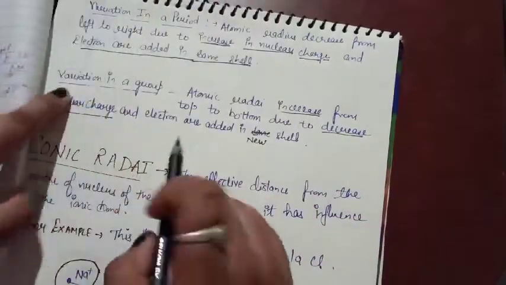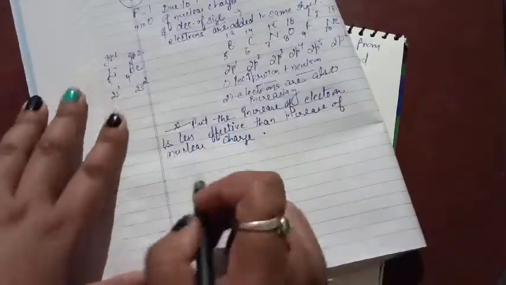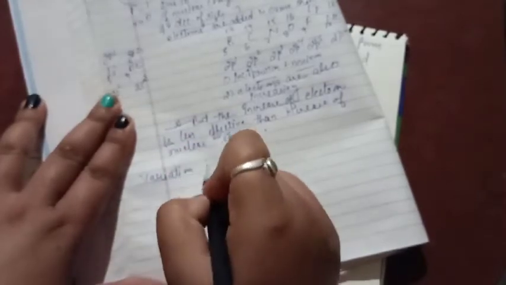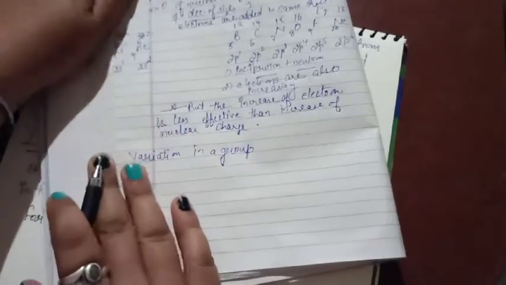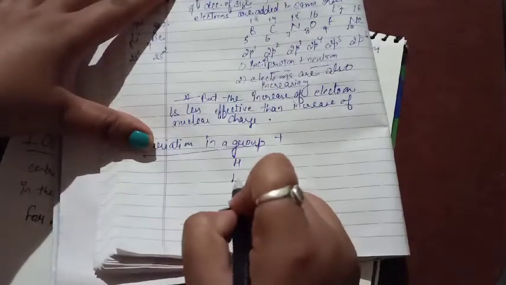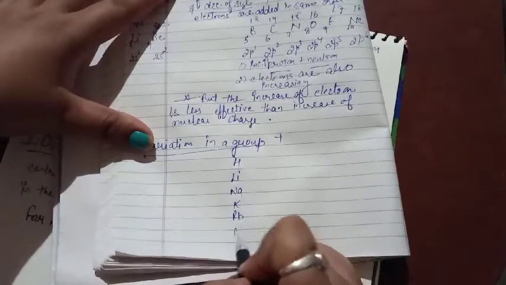Next one, variation in a group. Definitely it will be opposite. I'm taking the example here, variation in a group. I'll talk about the first group only. Hydrogen, lithium, sodium, potassium, rubidium, cesium.